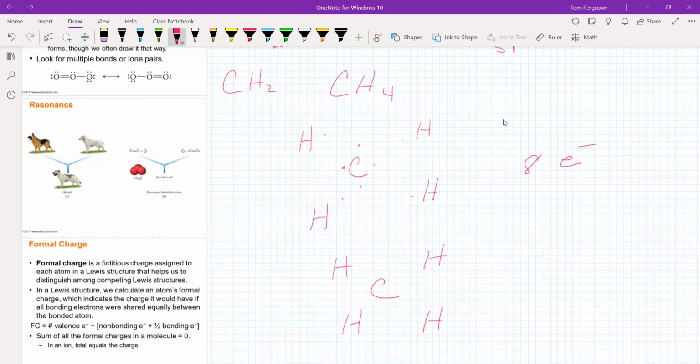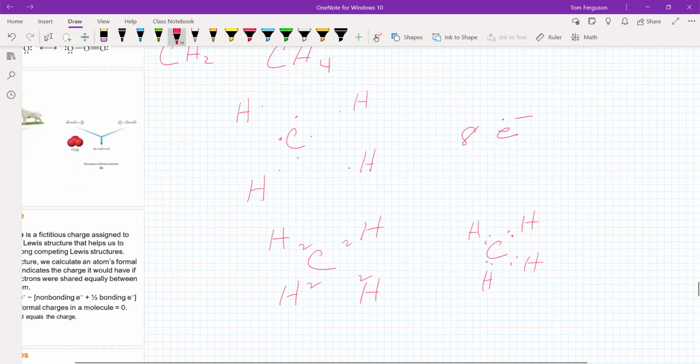And how many electrons are required for 1 bond? 2. Okay, so we're going to need 2 there, 2 there, 2 there, 2 there. How many electrons is that? 8. And how many valence electrons do we have? 8. Now, every time you have a bond, you can replace it with a solid line.